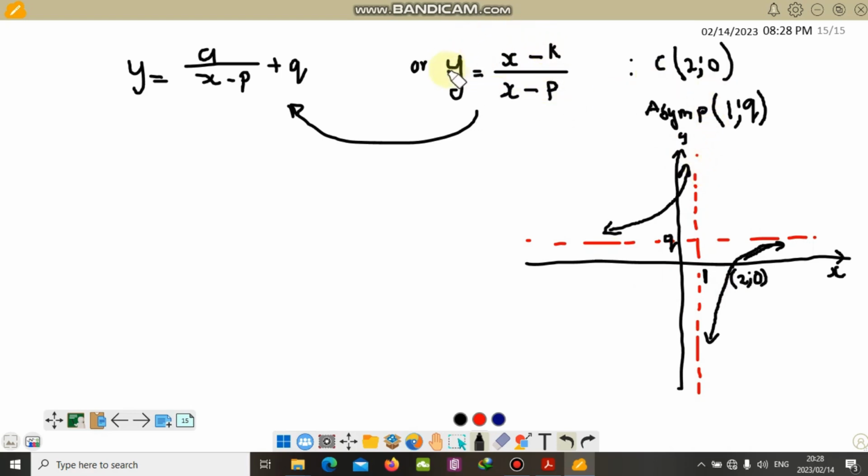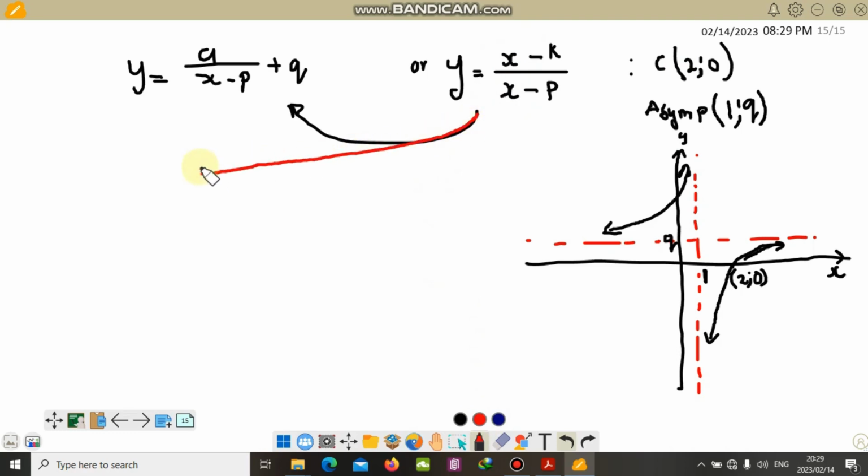So now here, the first thing you need to do, guys, is to take the coordinate that you are given and substitute it in here. Substitute y and x and then solve. So we are given coordinate 2 and 0 here. When C is 2 and 0, I will substitute it here.